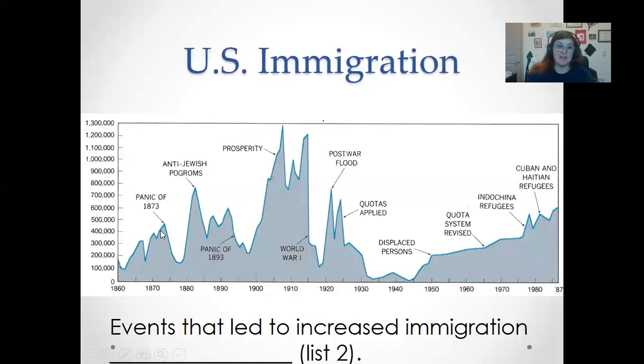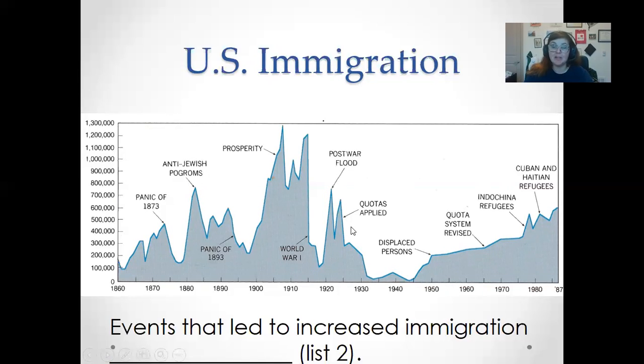And you can see that the dips are because of some of these economic panics, which is what this is referring to, the Panic of 1873, Panic of 1893, which are economic recessions. And you can see, especially as the US starts to become this major industrial power in the late 1800s, early 1900s, we have this huge spike in immigration, which drops quickly off due to World War I when people are not really able to immigrate, and then quickly spikes again.